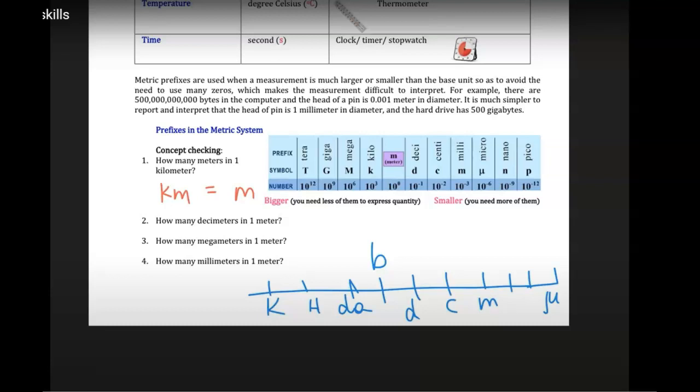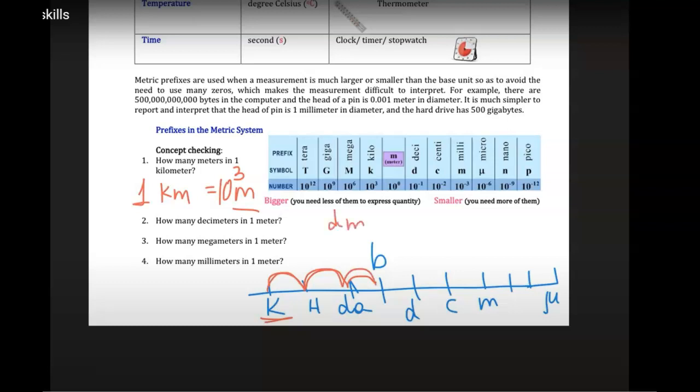The one that is a greater unit, which is kilo, put 1 next to it, and then count how many places it takes to get to whatever you are trying to compare it to. In this case, it's a base. It doesn't have a prefix. 1, 2, 3. So that's going to be 10 to the third, or the same as 1,000, right? Because 10, 100, 1,000.